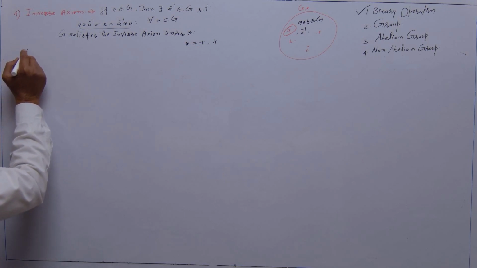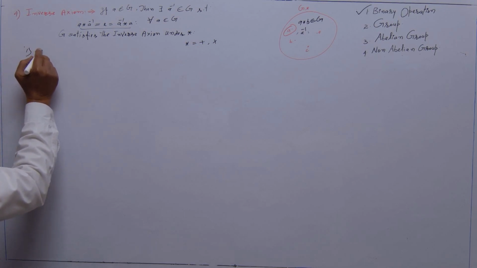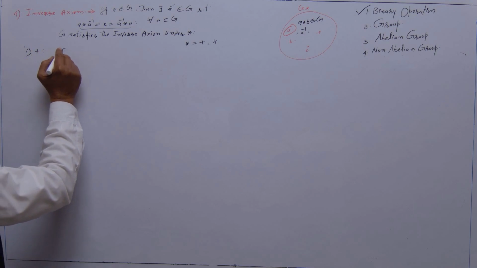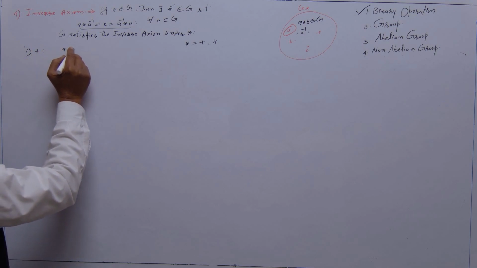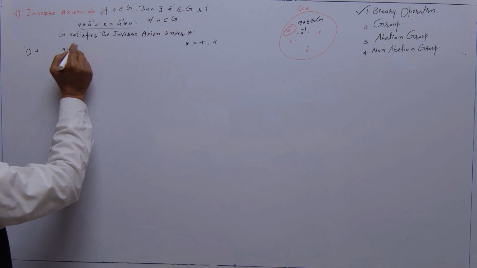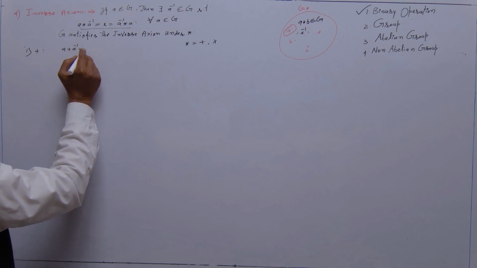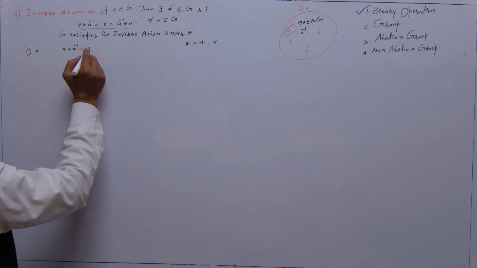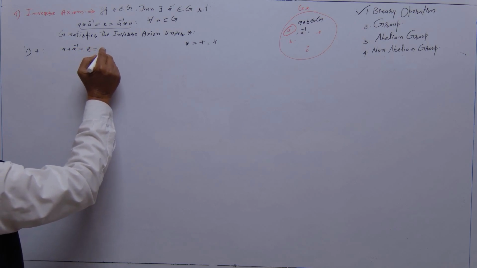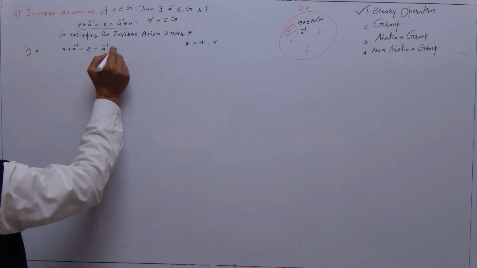So in case of addition, a plus a inverse must be equal to identity element e is equal to a inverse plus a.